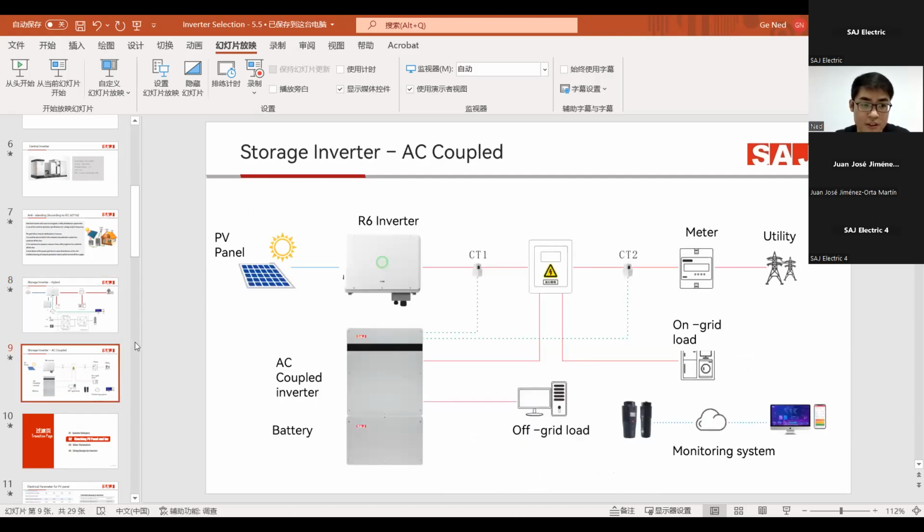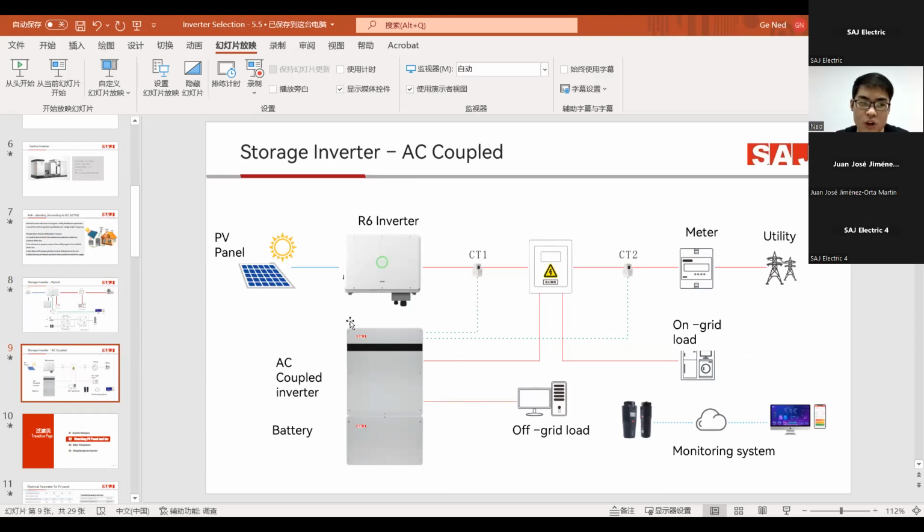And quite different from that, we also have an AC coupled solution. If a user already has an existing grid-tied inverter and they still want to use the PV system's solar power when there's an outage, they can add an AC coupled inverter and a battery to their system.